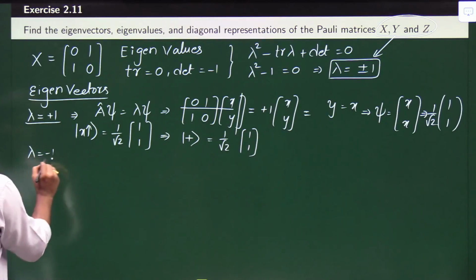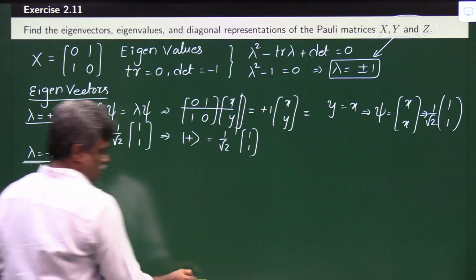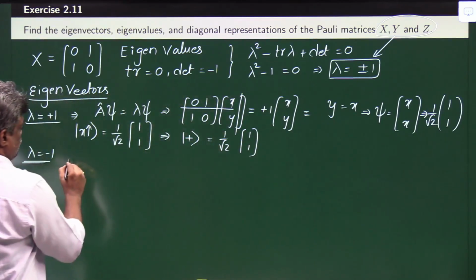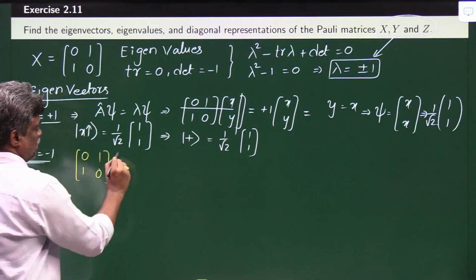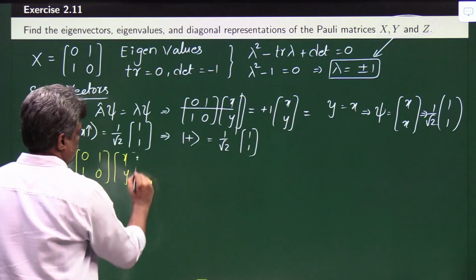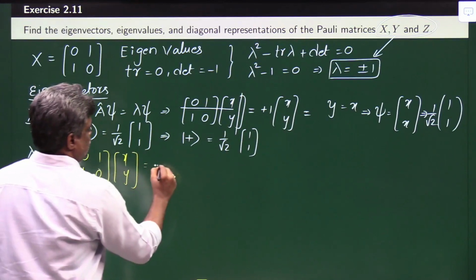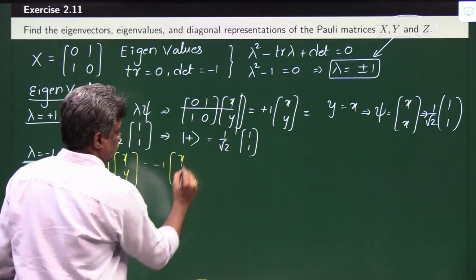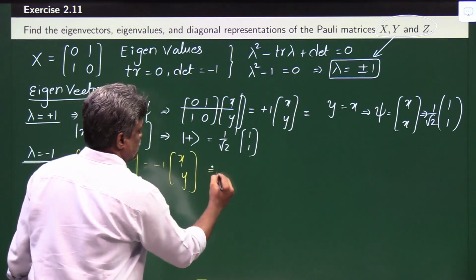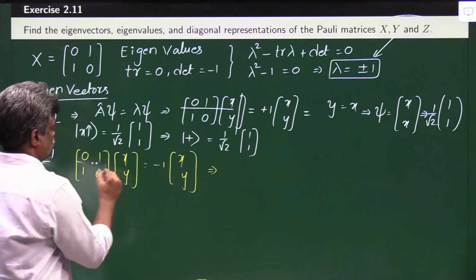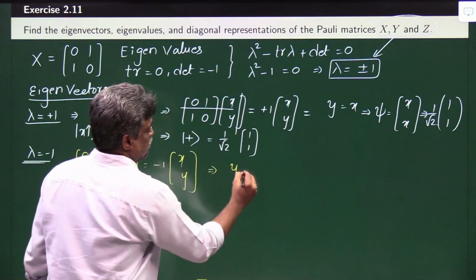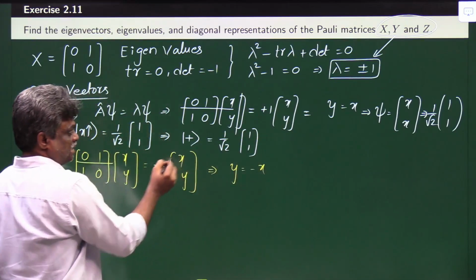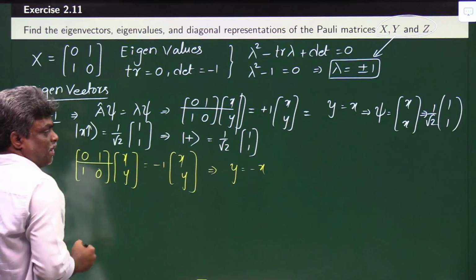So let us take lambda equal to -1 now. Again the same technique. Here I am taking the Pauli X matrix, [[0, 1], [1, 0]], and this is psi (x, y). Now the eigenvalue is -1 times (x, y). Here also one equation is enough. Take this row and column, so you will get y equal to minus x. The first element is minus x, and here you will get y.